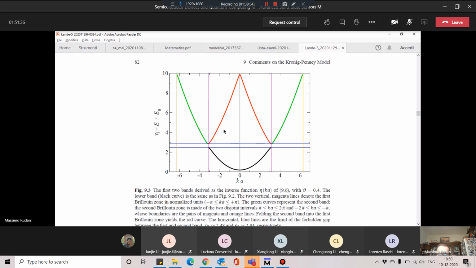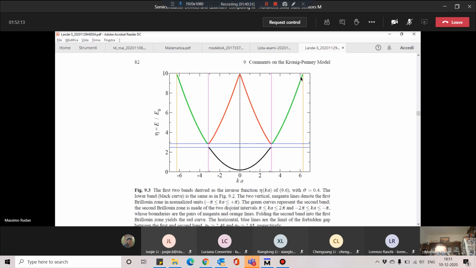We may fold the second band in order to stay in the second Brillouin zone. So the second Brillouin zone is outside the first Brillouin zone. So the second Brillouin zone is in between the magenta and the orange line here and also on the other side. So it is between pi and 2 pi. So if we swap the red curves outside, we obtain the green curves, okay?